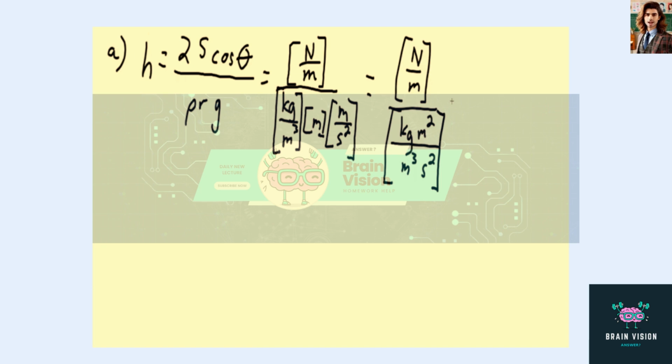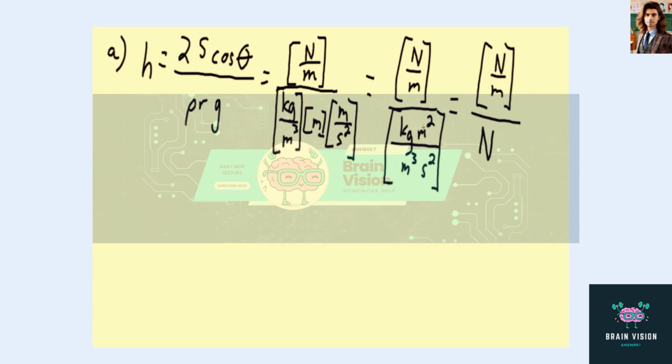There's a lot of ways we could go about this, but let's be clever with it. We could expand newtons into kilogram meters per second squared, or we could realize we've got this kilogram, a meter, and a second squared, so let's keep this in newtons per meter, and realize that here we've got a newton, kilogram meter per second squared.